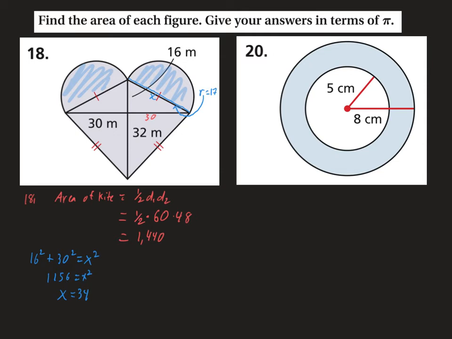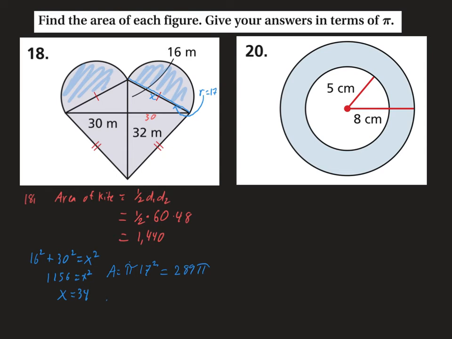So the area of both those half circles together equals pi times the radius squared, which is 289 pi. So we want to give our answer in terms of pi, so we're not going to round here.